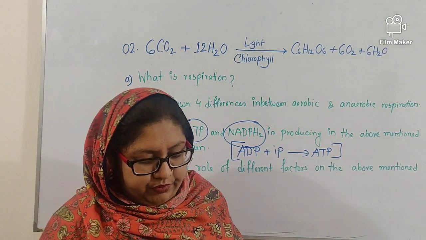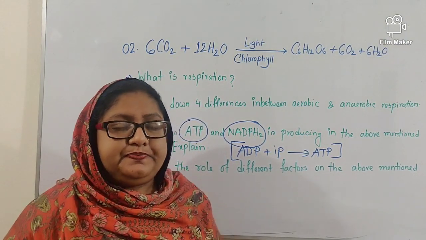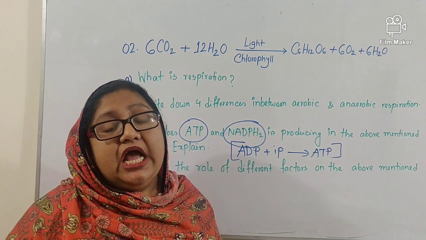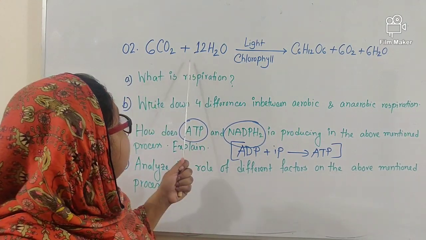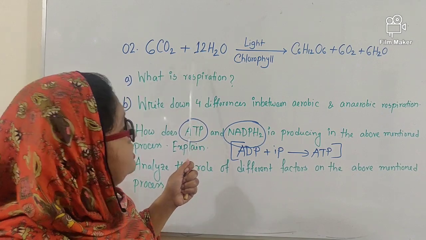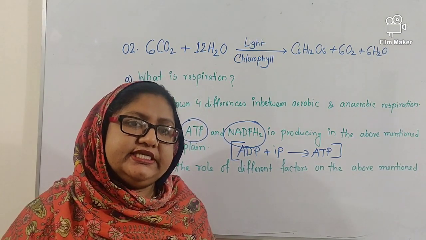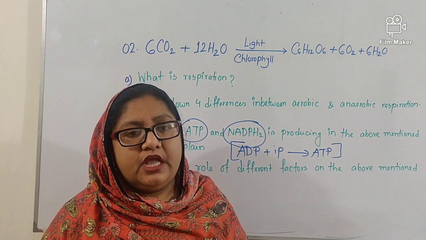So, what happens next? After photophosphorylation, the water that is taking part in photosynthesis is broken down and produces oxygen, electron and proton.